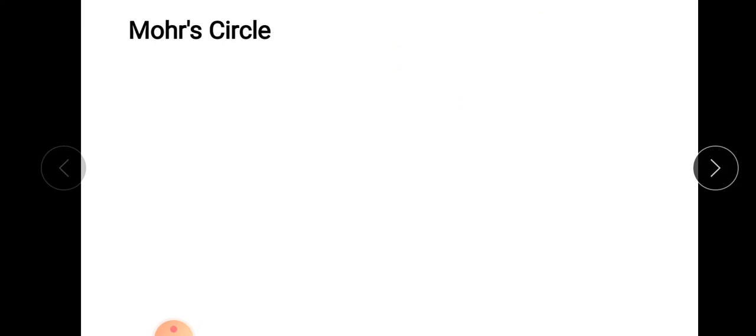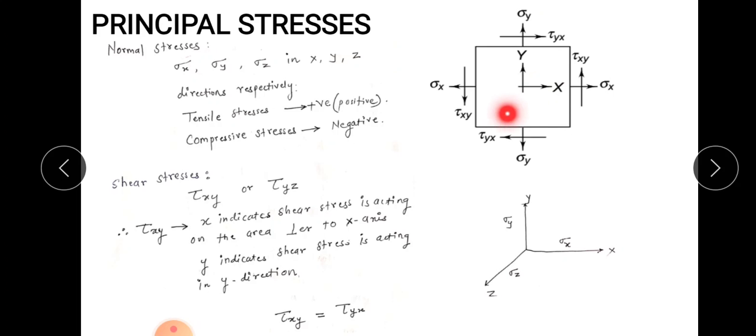To understand the sign convention, you can see this figure. Let us consider this tau xy and tau xy. These are nothing but the two opposite pairs of shear stresses acting on this particular element. Now if you look at these two opposite shear stresses, tau xy and tau xy, from this figure you can understand that they are trying to rotate this element in an anti-clockwise direction, right?